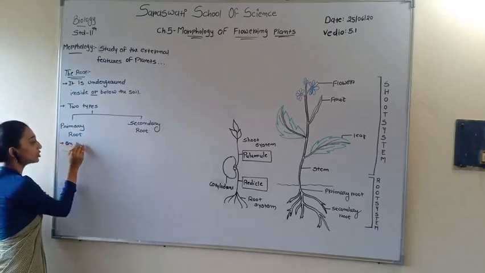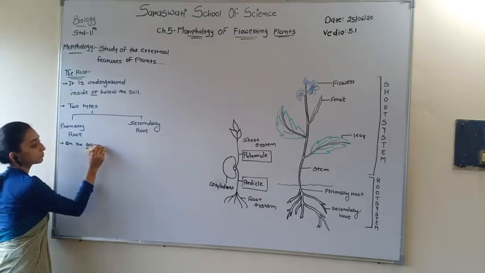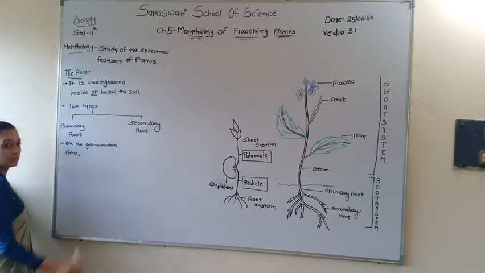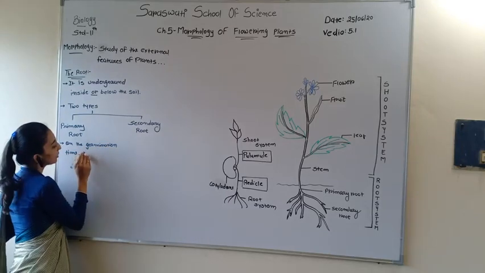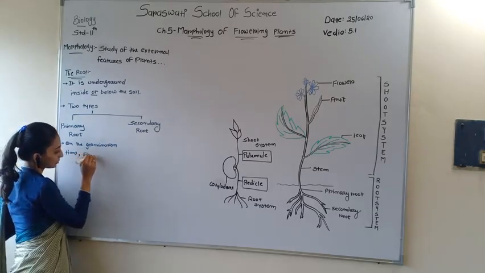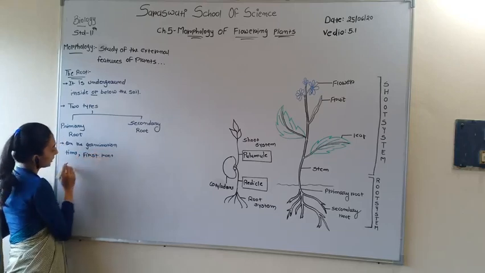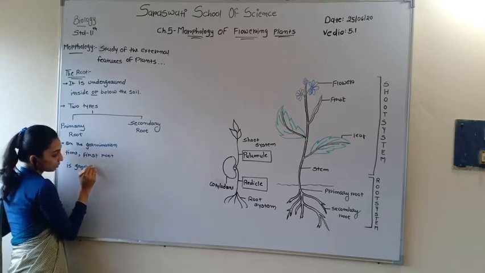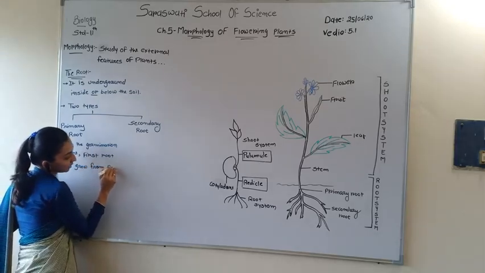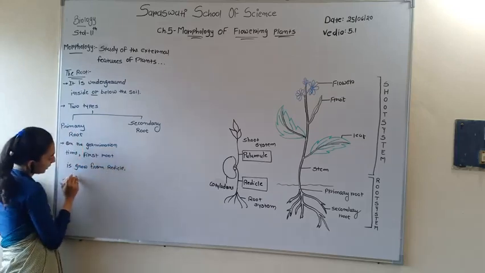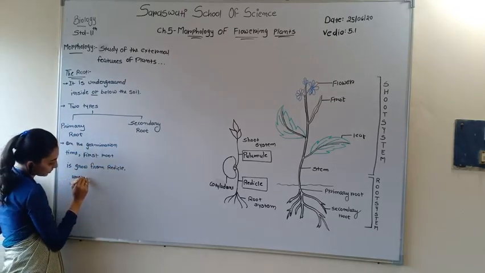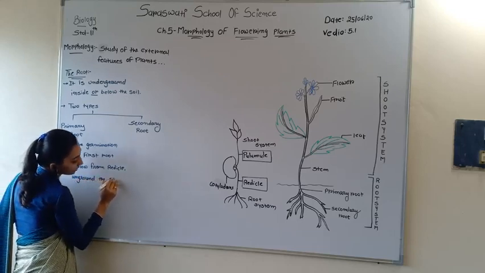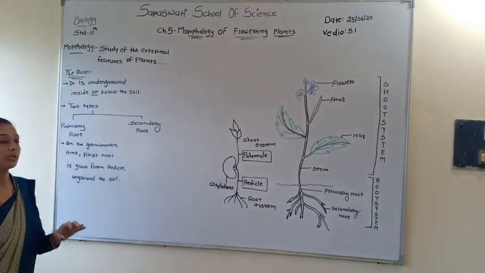On the germination time, the first root grows from the radical portion underground in the soil. It is known as primary root.